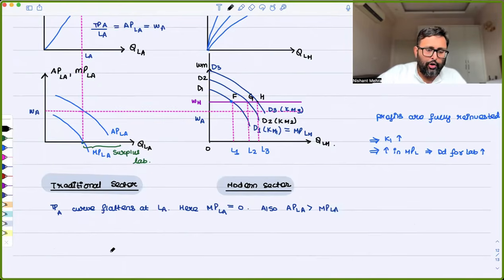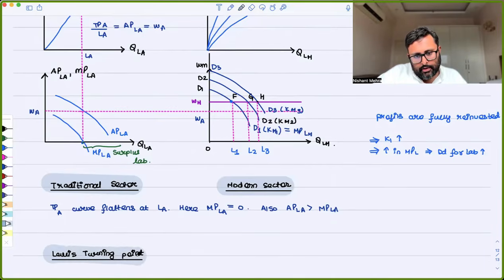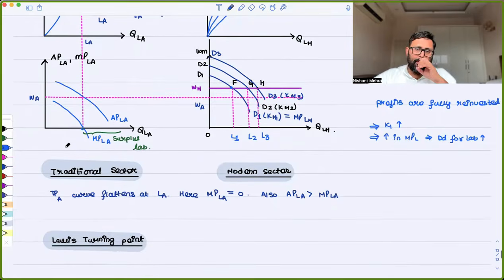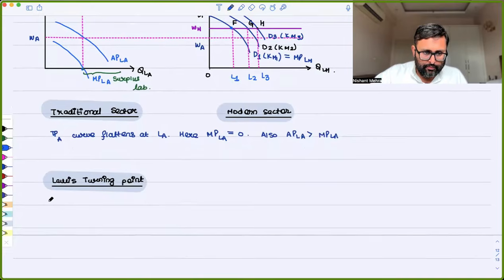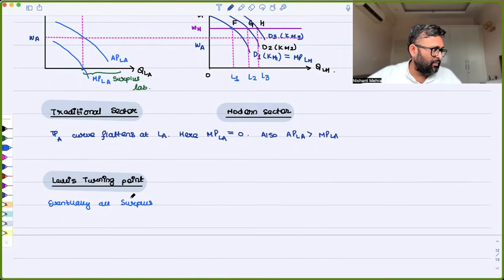There is something which is called the Lewis turning point. So what is the Lewis turning point? Eventually, all surplus labor which was there in the agricultural sector has already been employed. Eventually, all surplus labor gets exhausted.